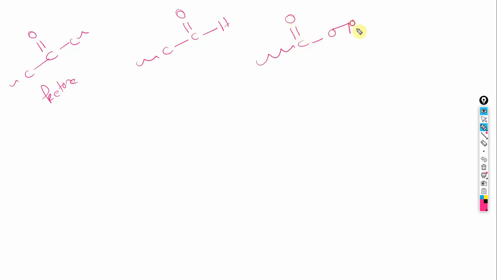So far we have seen a ketone, and then an aldehyde, at least one hydrogen, and then you have seen a carboxylic acid, and then you have seen an ester.